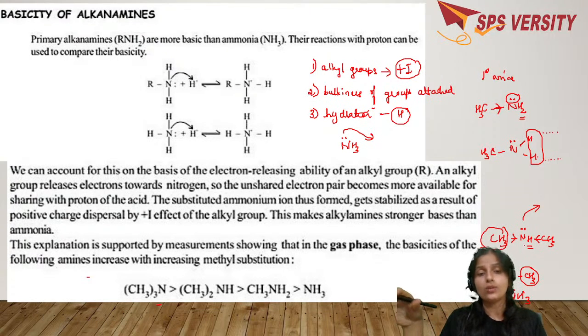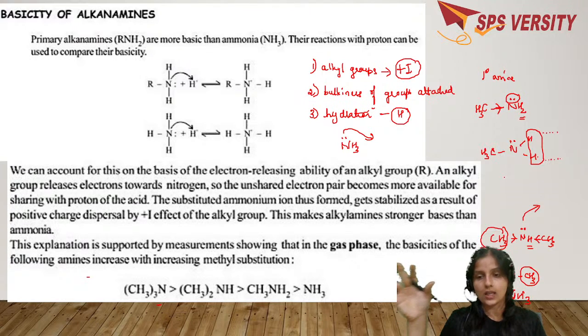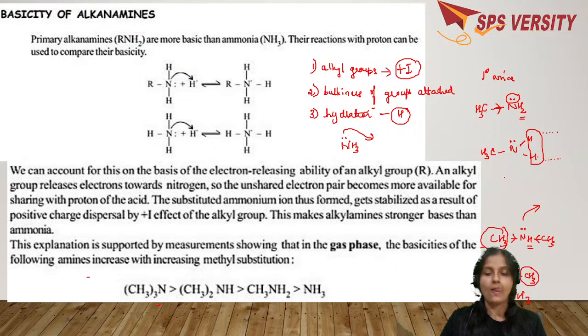If you are asked to compare the basic strength of the primary and the tertiary amine, in case of tertiary amines, there are more electron donating methyl groups which show the plus I effect, because of which it is a stronger base compared to methylamine, where there is only one group which can donate the electron, that's the methyl group.